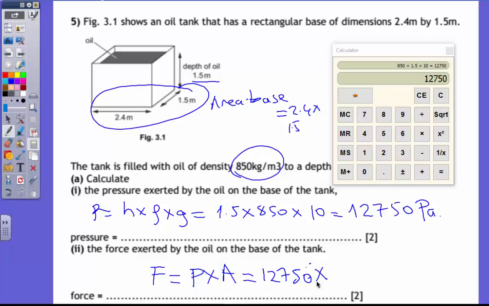The force is pressure times the base area, 12750 times 2.4 times 1.5, and that is equal to 45,900 Newton.